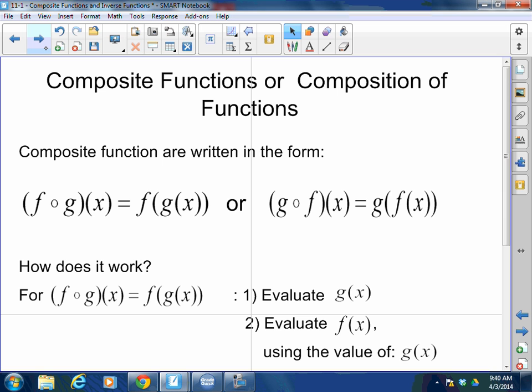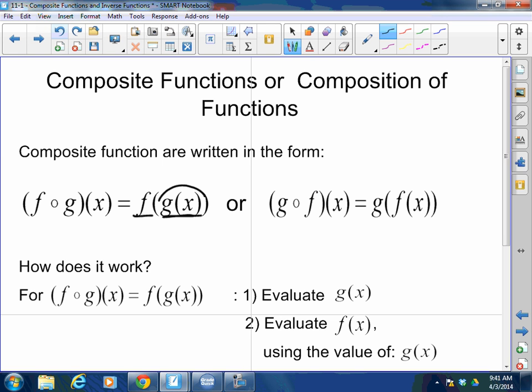Composite functions, please look at the symbol. That is not a times symbol. It's literally an open circle. What this is saying is this: f of g of x. So what am I replacing the x with in the function f?